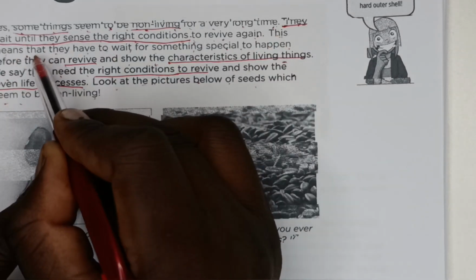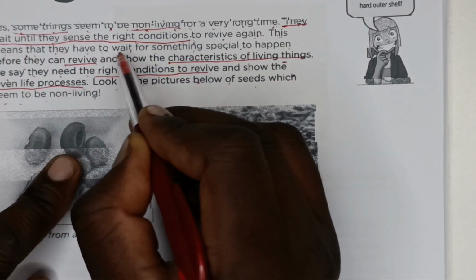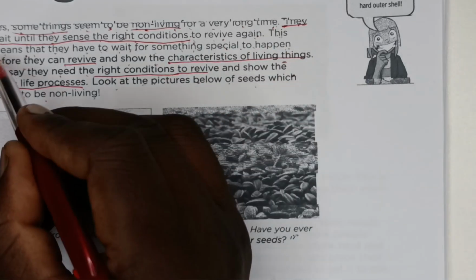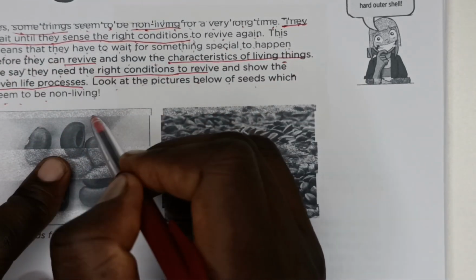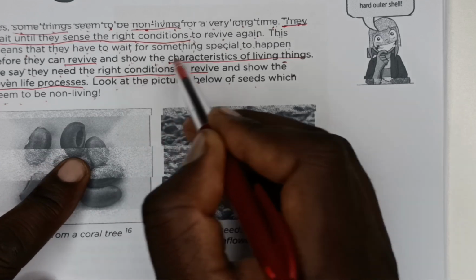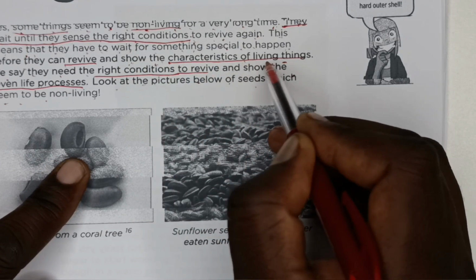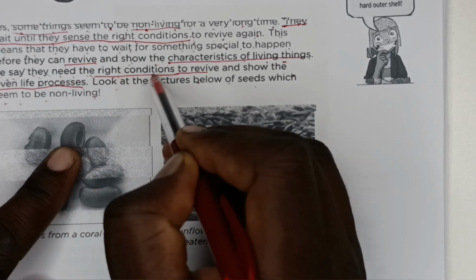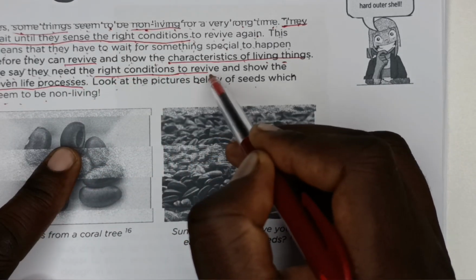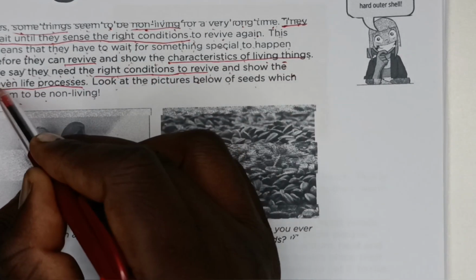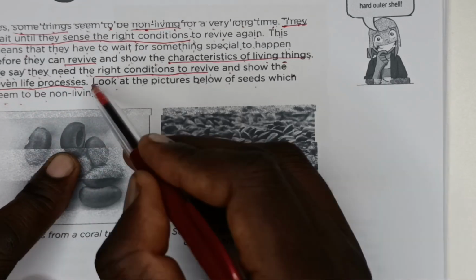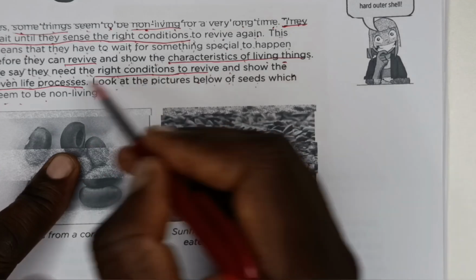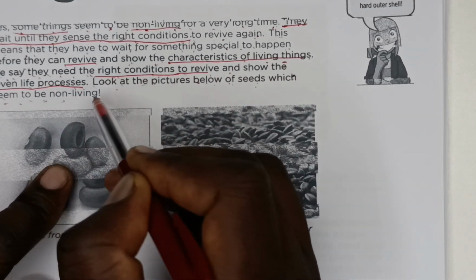This means that they have to wait for something special to happen before they can revive and show the characteristics of living things. We say they need the right conditions to revive and show the 7 life processes. Look at the pictures below of seeds which seem to be non-living.